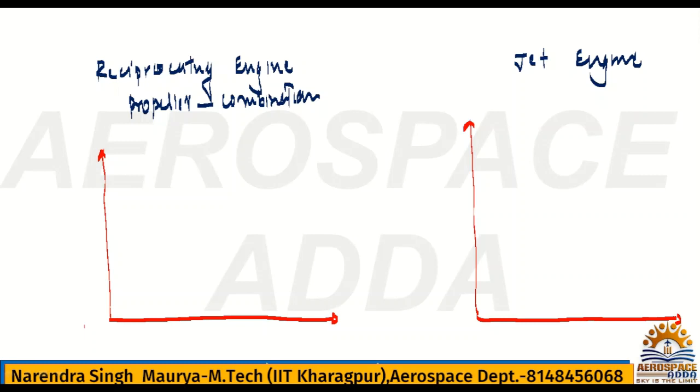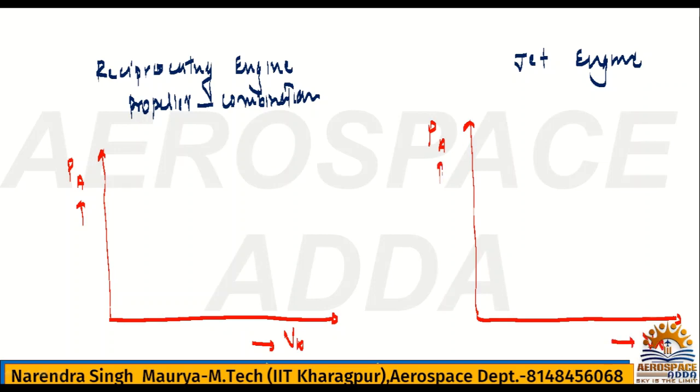First I draw power available on this axis, and this one is velocity or free stream Mach number. It's your choice what you want to write.